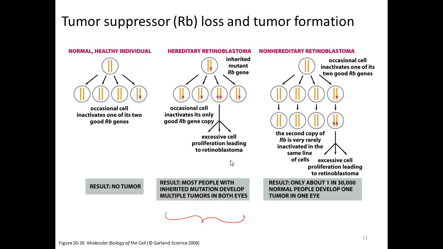There was hereditary retinoblastoma, which tended to run in families, and then there was non-hereditary retinoblastoma, which appeared sporadically in populations and didn't run in families. One of the things they noticed is that in the inherited cases, people often developed tumors in both eyes. For the sporadic cases, people generally develop a tumor in only one eye.